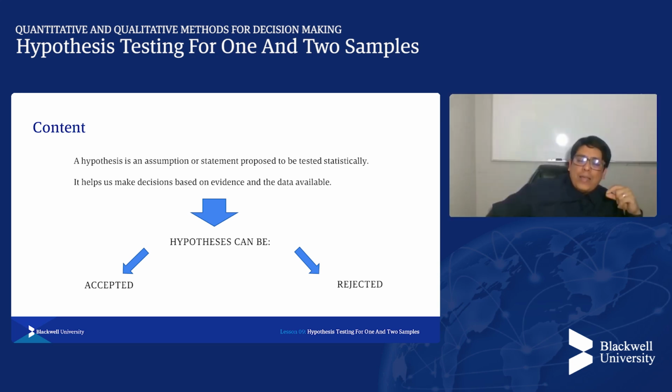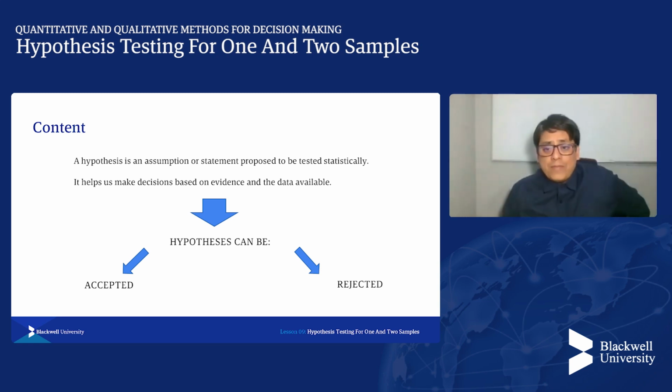On the other hand, every hypothesis needs to be statistically tested because as long as a hypothesis is not statistically tested, it will remain simply that, an assumption. And it's not very advisable to build management on assumptions, is it? Business management based on assumptions may involve a lot of risk. In that sense, every hypothesis is formulated to be statistically tested.